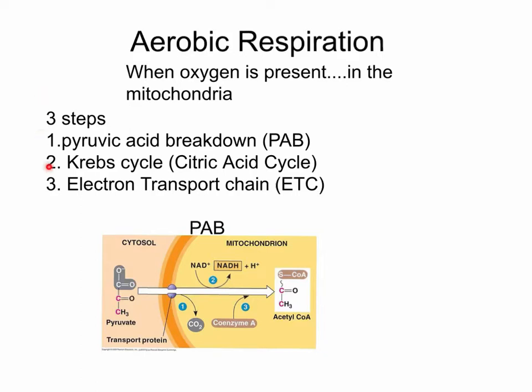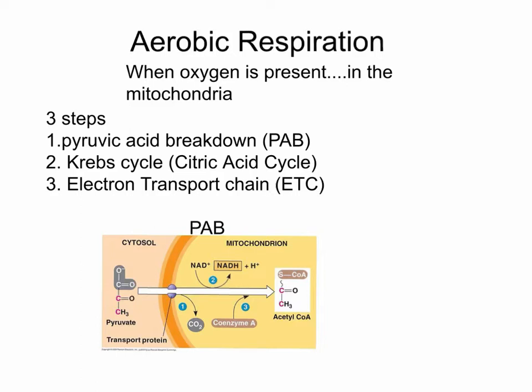Real quick, a breakdown here. Aerobic respiration has 3 steps. This video is going to pay particular attention to the first step. You have pyruvic acid breakdown, or PAB for short, and you might see me list either one. Then the Krebs cycle, or the citric acid cycle.